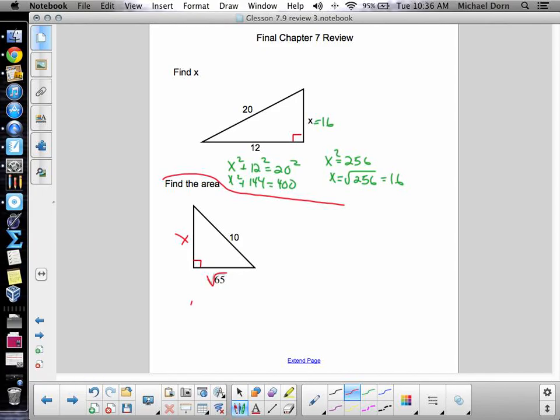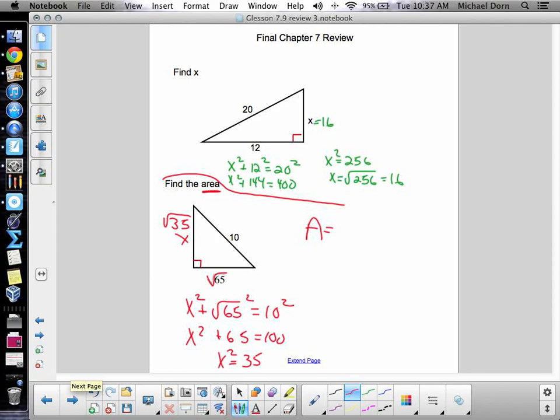Pythagorean theorem again. Now, x squared is that. What's root 65 squared? 65. So x squared is 35, so x is the square root of 35. Okay, so making sure we finish the equation, area is base times height over 2.